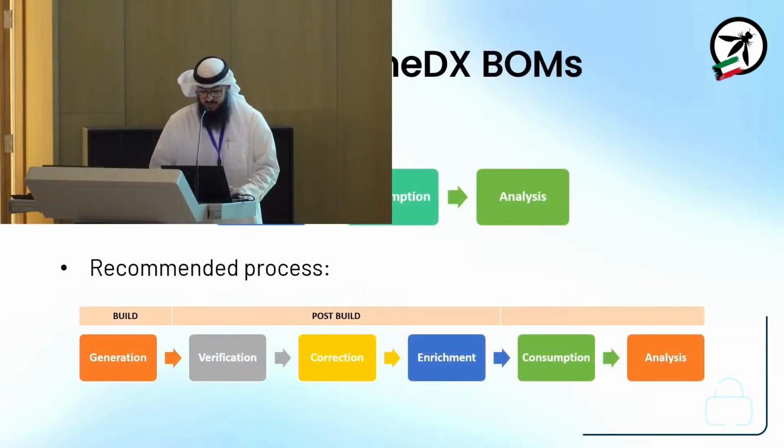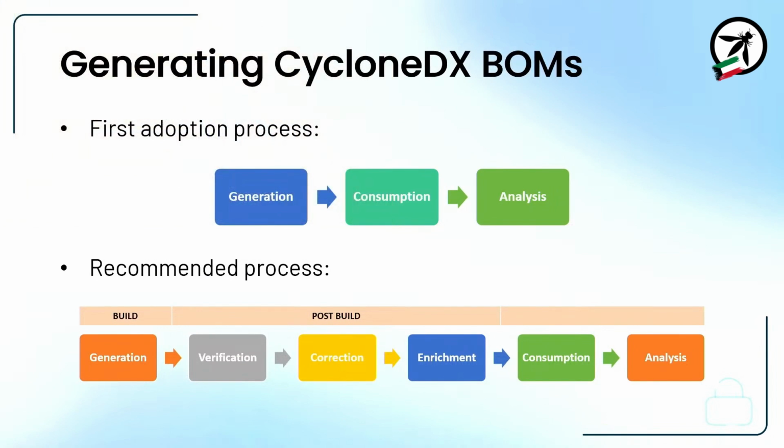Starting to adopt SBOMs would fall under a simple process as shown on the top: generation, consumption, and analysis. You will be using one of the tools in the generation process, and usually it starts in the build phase. After getting hands-on experience and being familiarized with xBOMs, your generation process would be enhanced.